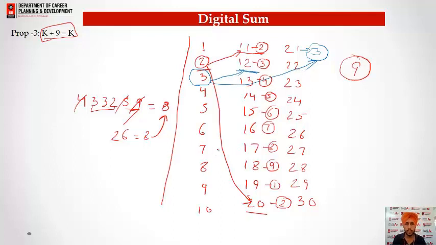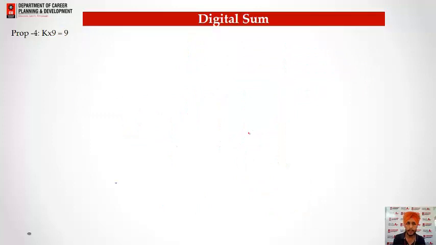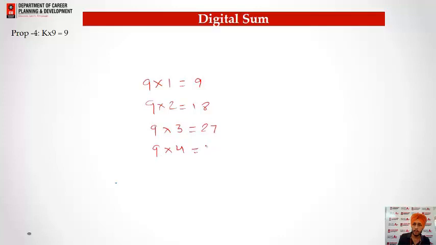So let's move to another property, that is k into 9 is equal to 9. So what does this property say? For example, 9 into 1 is equal to 9, 9 into 2 is equal to 18, 9 into 3 is equal to 27, 9 into 4 is equal to 36.